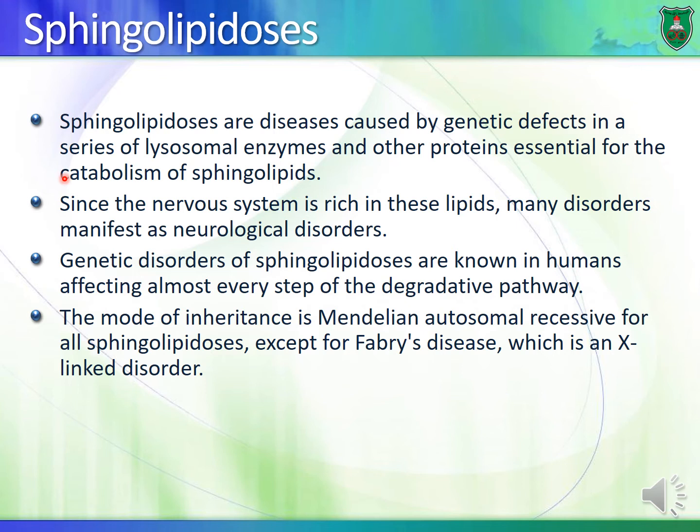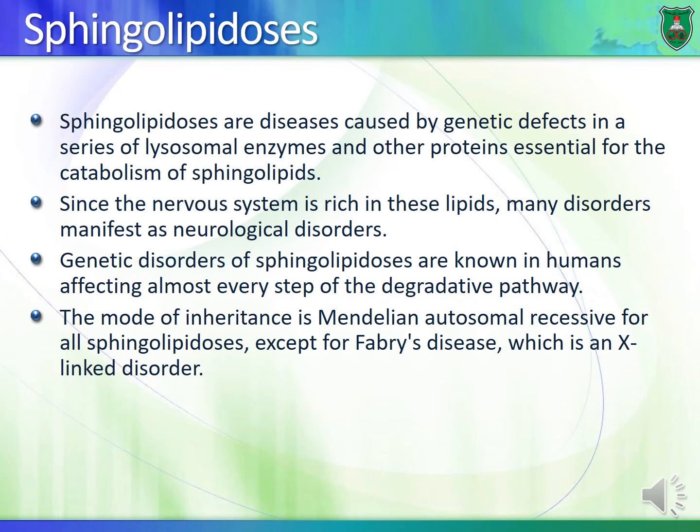So, genetic disorders usually they are manifested by neurological pathologies. Now, many of these disorders are related to the degradation of sphingolipids, which go through stepwise enzymatic reactions.